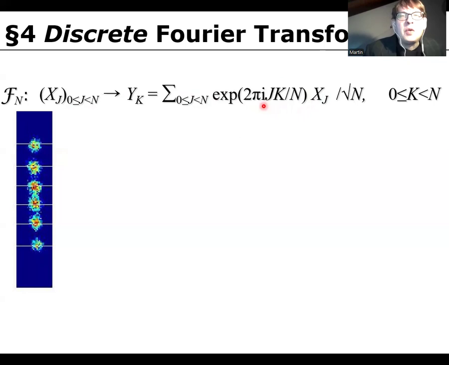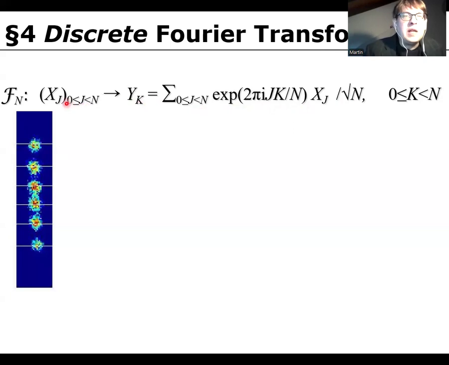So it's a purely imaginary argument that makes sure that this weight has magnitude 1, and we need to normalize by dividing by the square root of n. And the output is again a capital n-dimensional vector, which we here call y with index k.